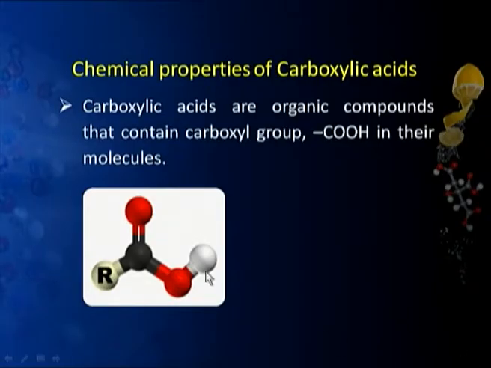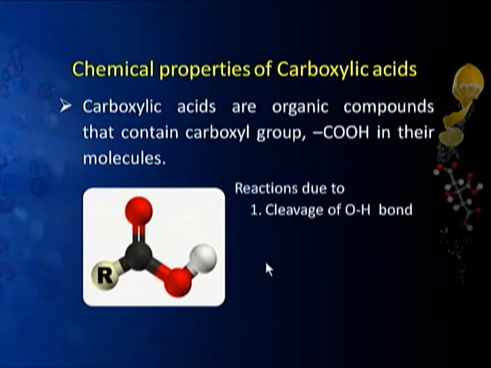This is the carboxyl group, the functional group, and its properties can be studied at different levels. The first set of reactions is where this OH bond is cleaved, and oxygen is more electronegative. So, whenever this bond is cleaved, hydrogen will be lost as H plus ion, and that leads to the acidic properties of carboxylic acids, which we covered in our previous session.